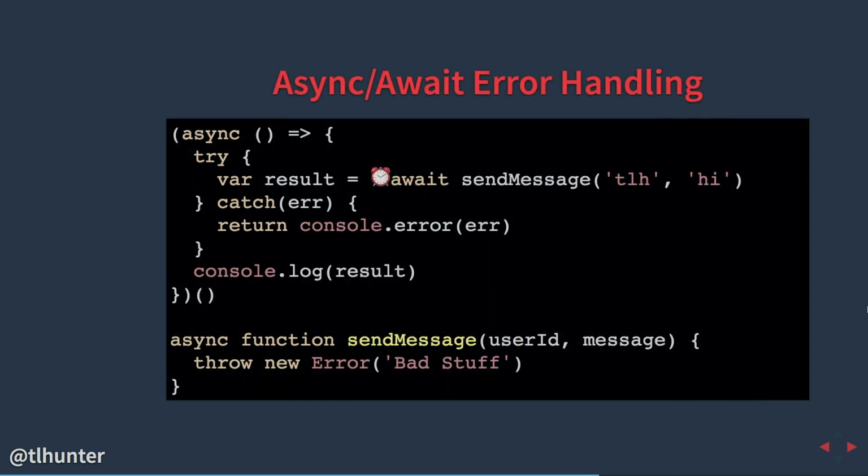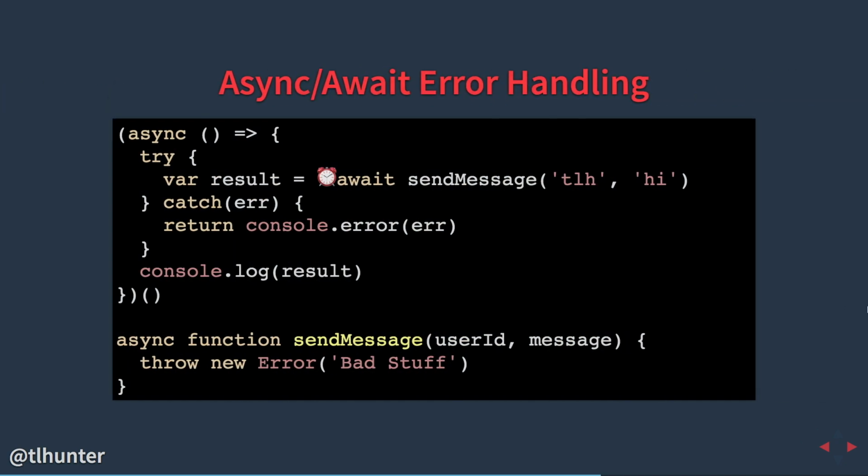Cool. All right, so how do we handle errors? I'm glad you asked. Anytime we call an async function and we await the result, we can wrap that in a try-catch. Again, this code here looks a lot like the synchronous code that we were writing in the first slide. In this case, within our async function, we're now able to throw an error.